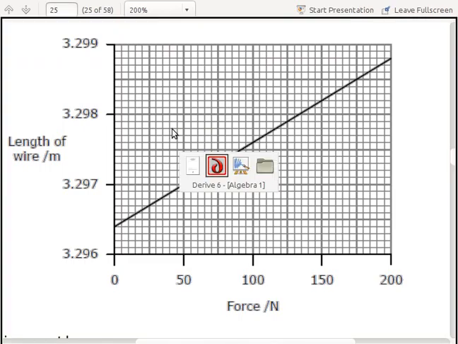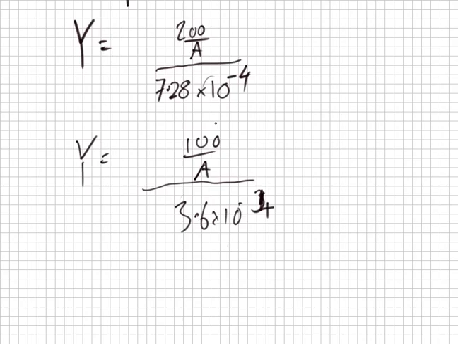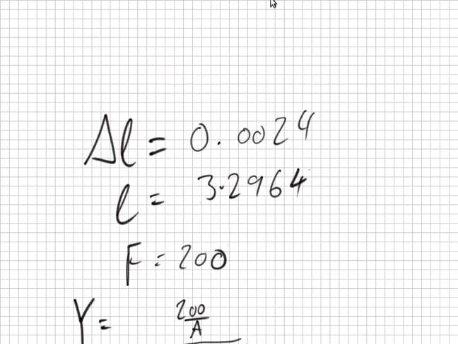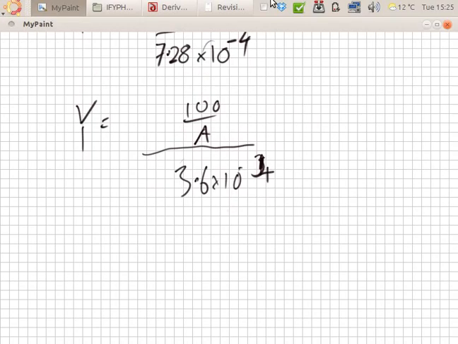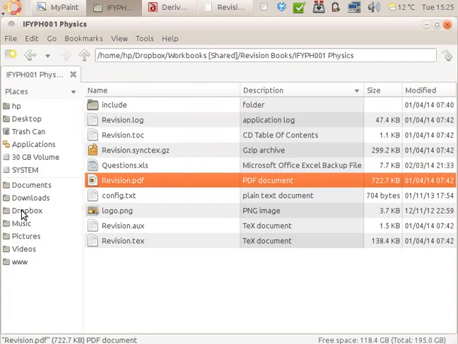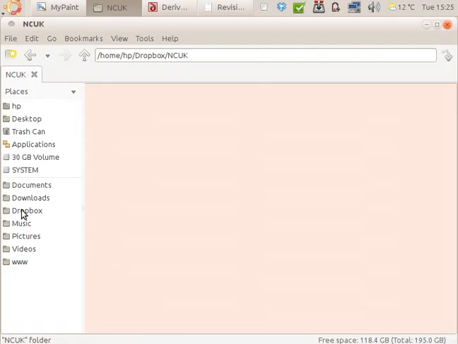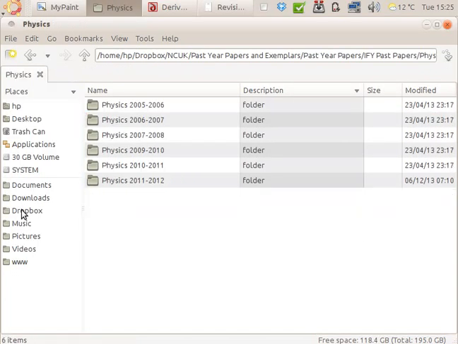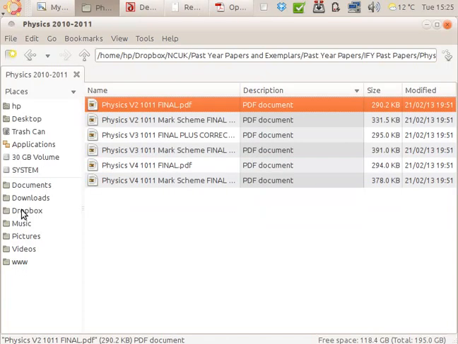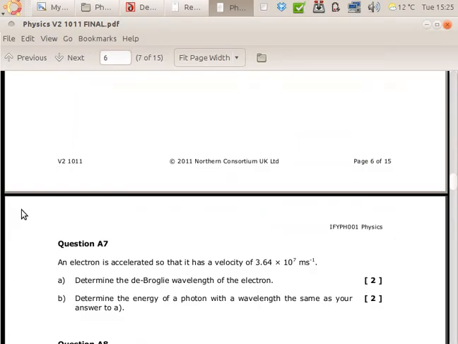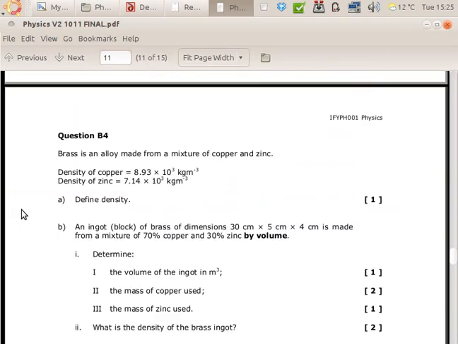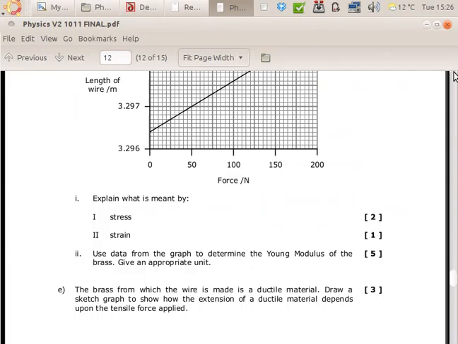That's not cool. I'll have to look at the marking scheme. This is number 3, so it'll be around about here.